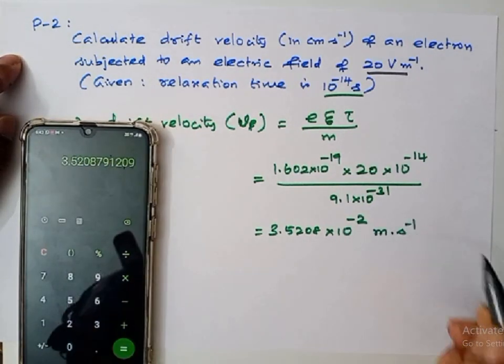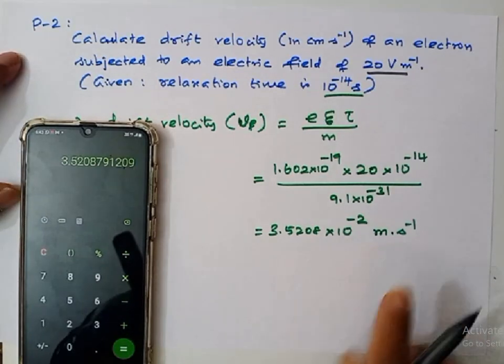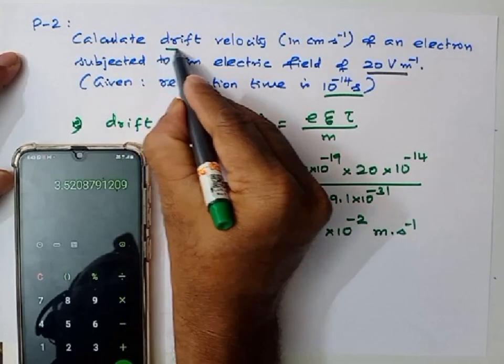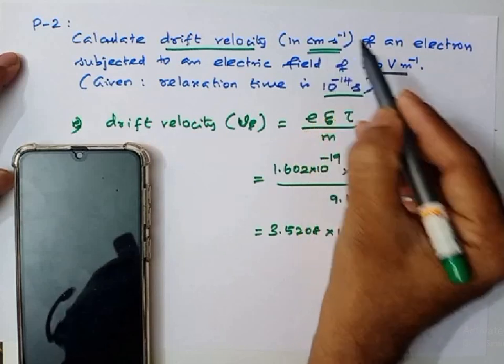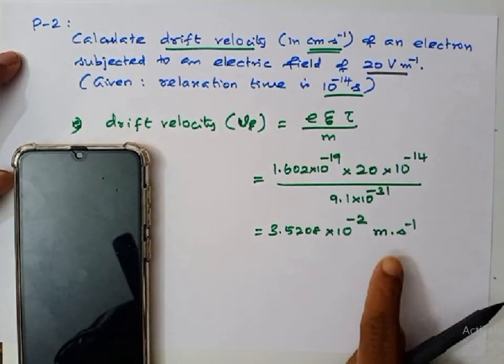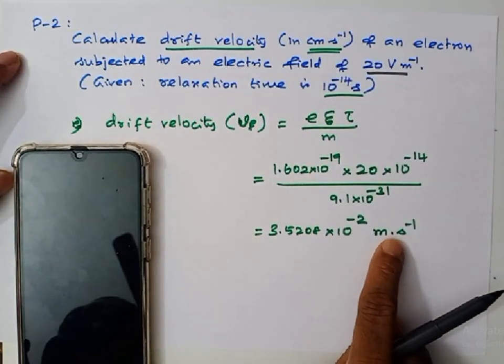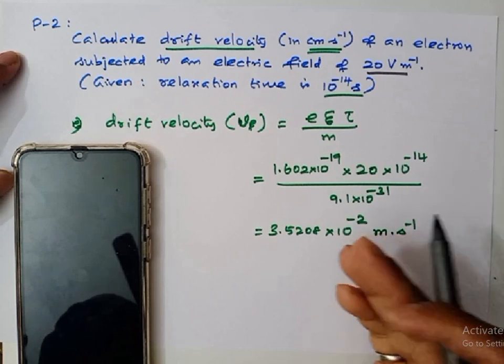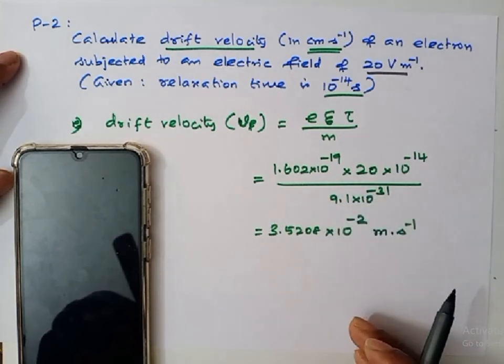So this is the value of velocity, but just go through the question carefully. They are asking for velocity in the centimeter per second unit, but the answer that we gave here is in meter per second. To convert meter into centimeter, you have to multiply by 100.